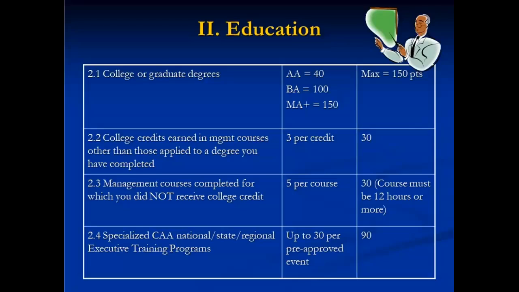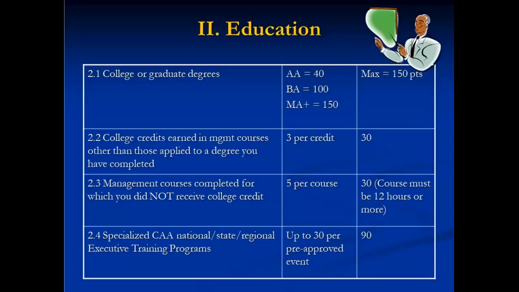If this is part of a degree program that you got, you can't add it there. But you may, now we're going to 2.3, have taken management courses that may have been just as long as a college course, but you didn't get any credit for them in college. So the commission added a separate category for that.